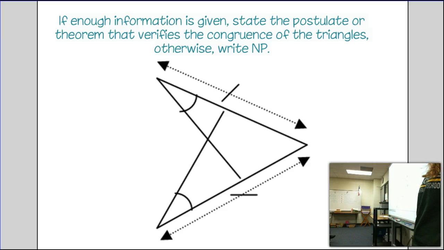Very good. Try again. Very good. You might want to draw these triangles separately. Very good.